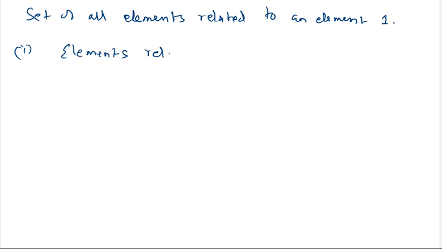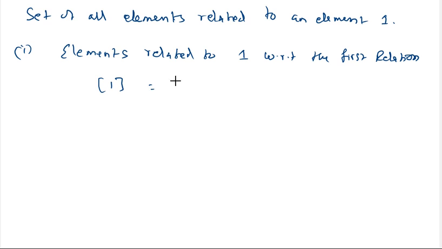The set of all elements related to 1 is the square bracket of 1, or equivalence class, and the difference should be 4, with the elements taken from the given set 0 to 12.